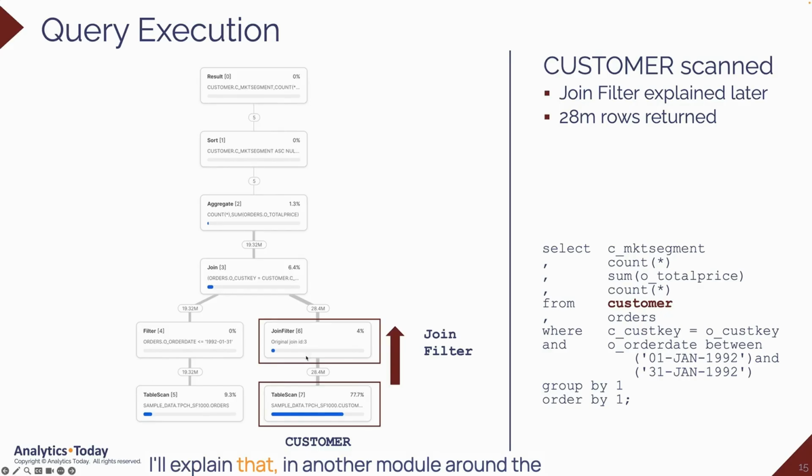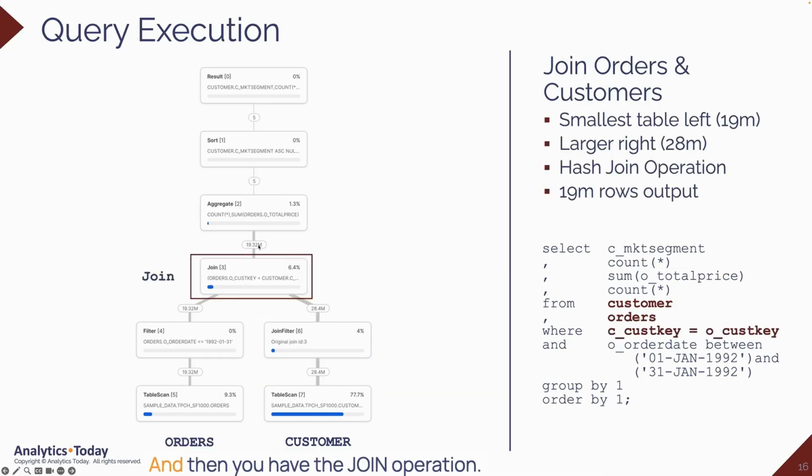I'll explain that in another module around the advanced tuning, but effectively there are 28 million rows retrieved in this particular operation. And then you have the join operation, and here we can see it's actually spent 6.4% of its time doing the join operation, and this is where it's actually joining via these keys.